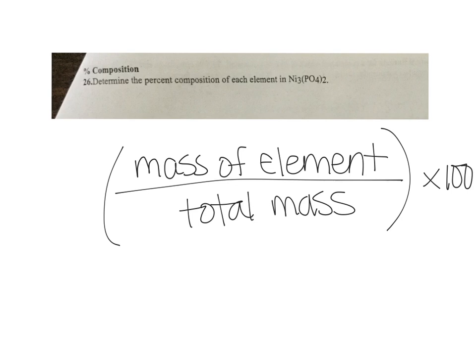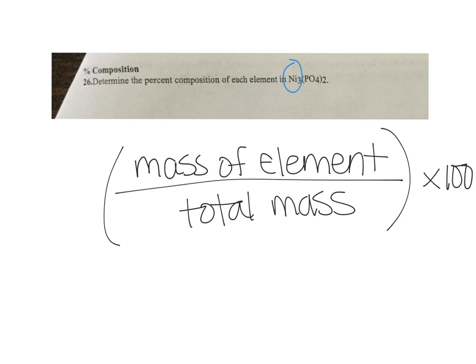So for each of these, the biggest thing people forget is that those subscripts do matter, right? So if this has 3 nickels, you have to account for 3 nickels. Bet you didn't see that one coming, right?